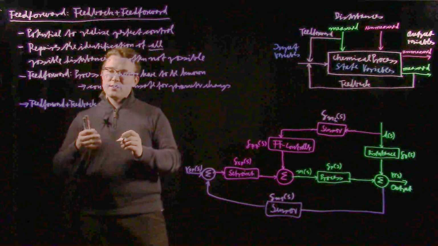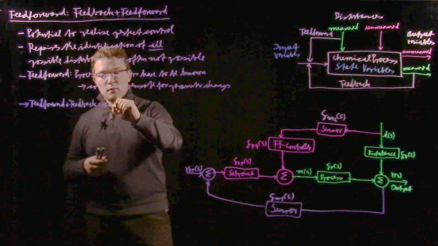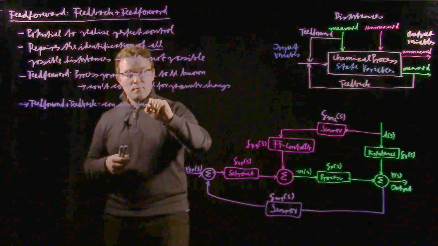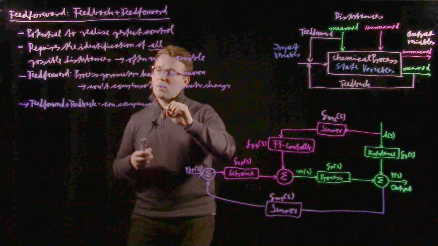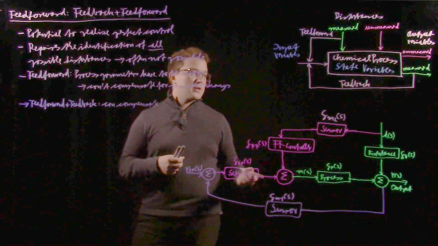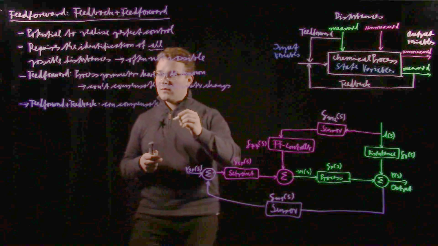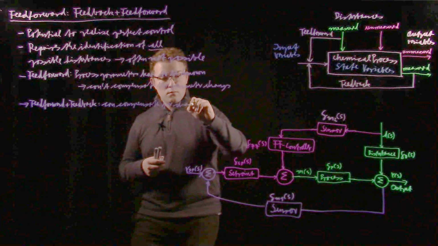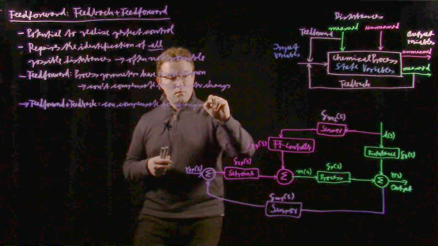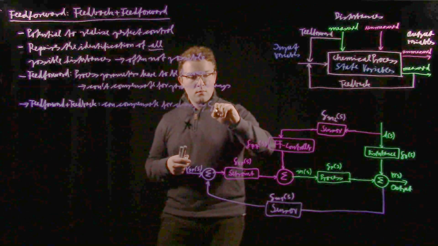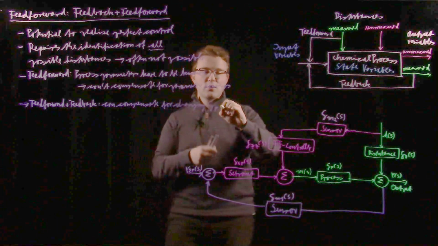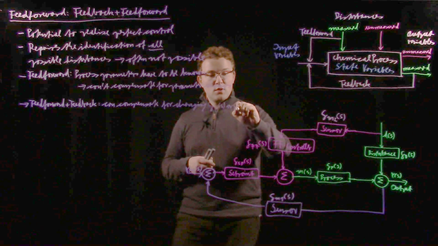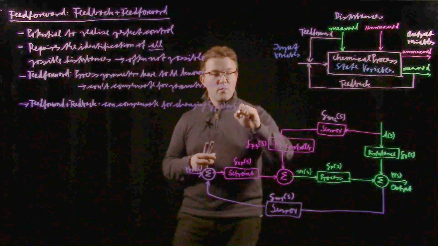So feedback plus feed forward can compensate for changes in GP, for example, or also GD. So it can compensate for changing GP from S or GD from S.